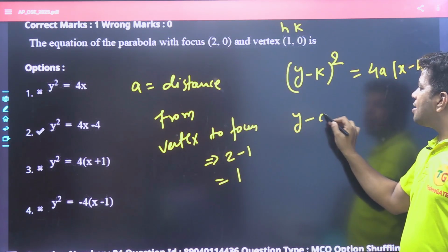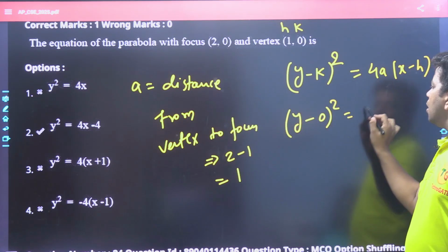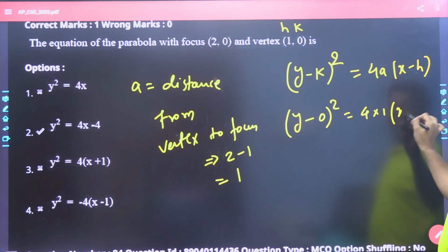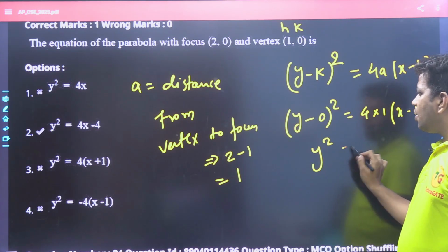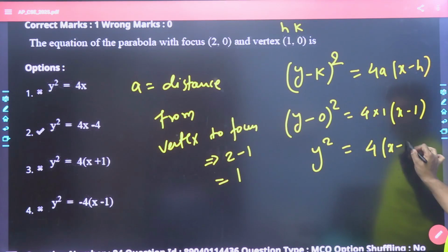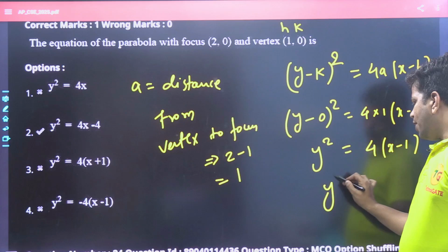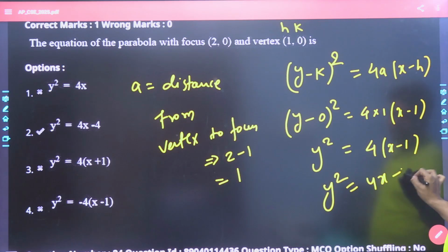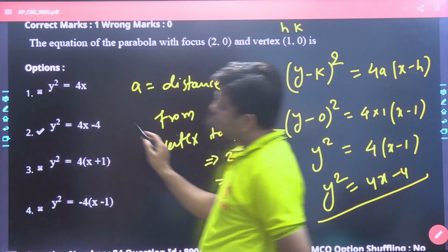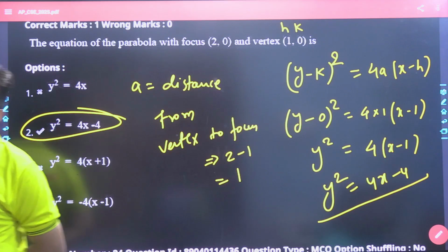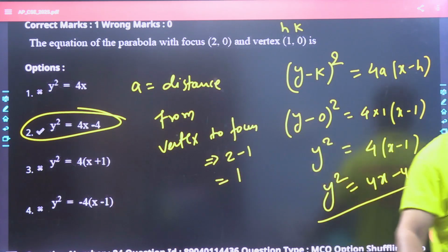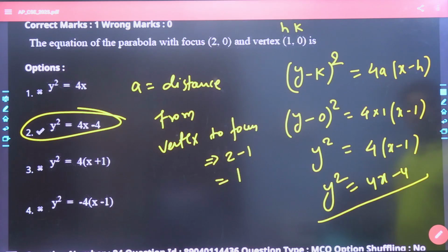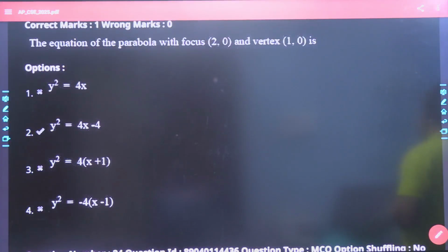So y minus 0 whole square equals 4 into 1 into x minus h. H is 1. So y square equals 4 times x minus 1. So can we go with y square equals 4x minus 4? That would be the answer. So you can go with the second answer, y square equals 4x minus 4. Got it? Let's move toward the next question.